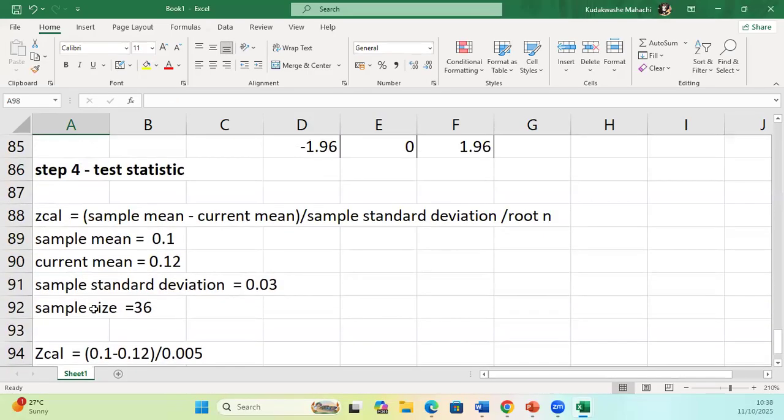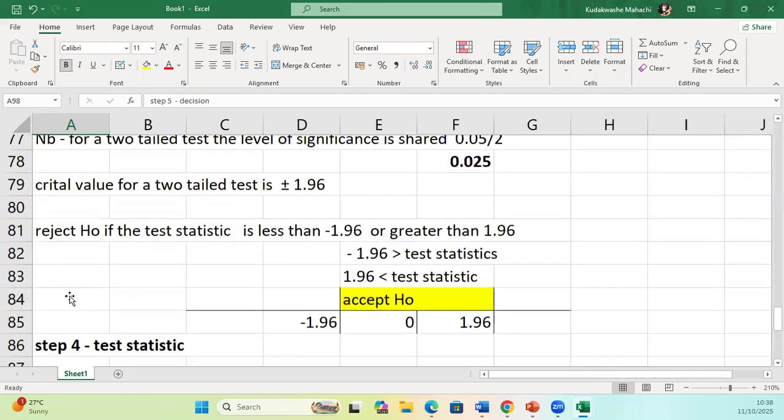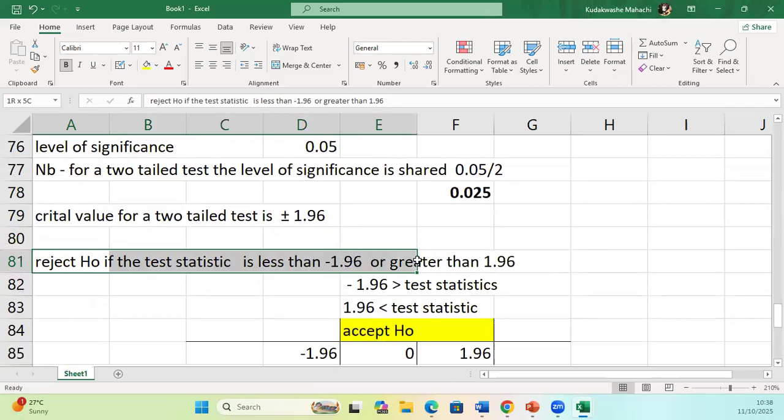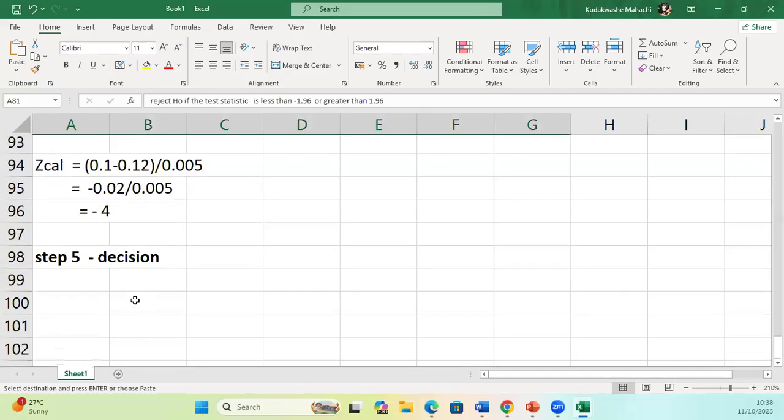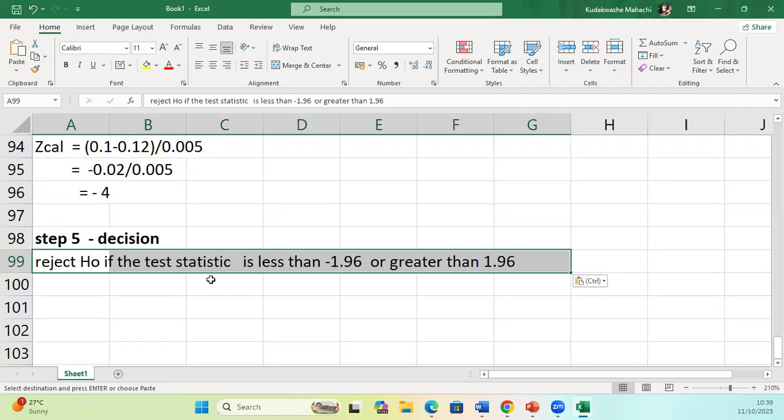So we're done with step number 4. Move to step number 5, where we make the decision. The decision is based on what we said in step number 3. We reject H naught if the answer we have calculated is less than -1.96 or greater than 1.96.